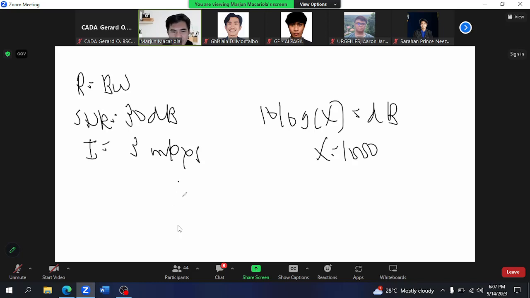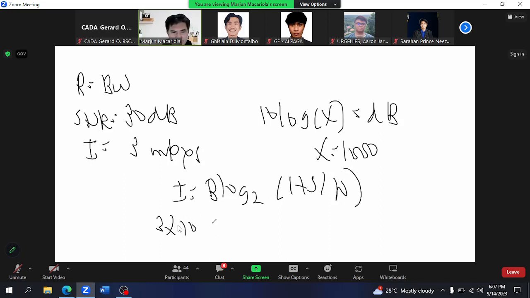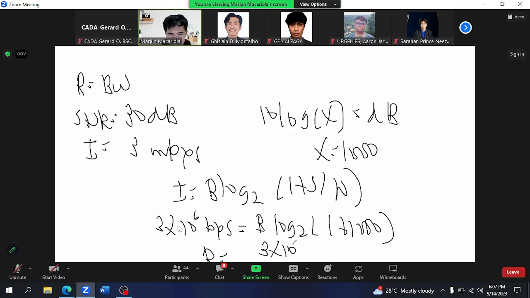Okay? So, information capacity I = B log2 (1 plus signal to noise ratio). So, I is equal to 3 times 10 to the 6 bits per second. Bandwidth, so that is, ang hinahanap, log 2, 1 plus 1,000. So your bandwidth is equal to 3 times 10 to the 6 over log 2, 1,000.